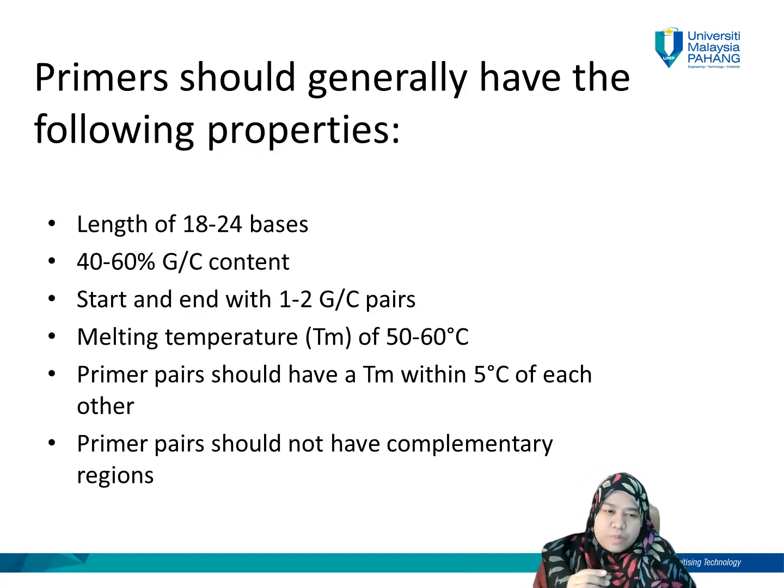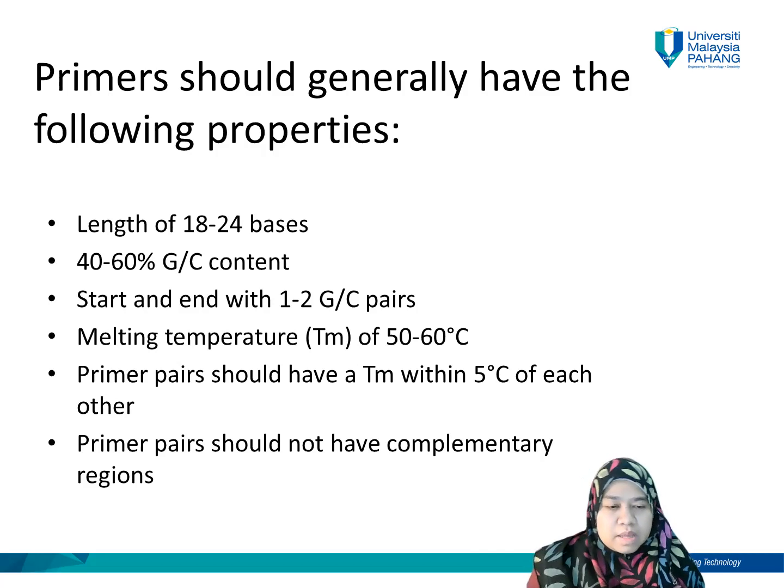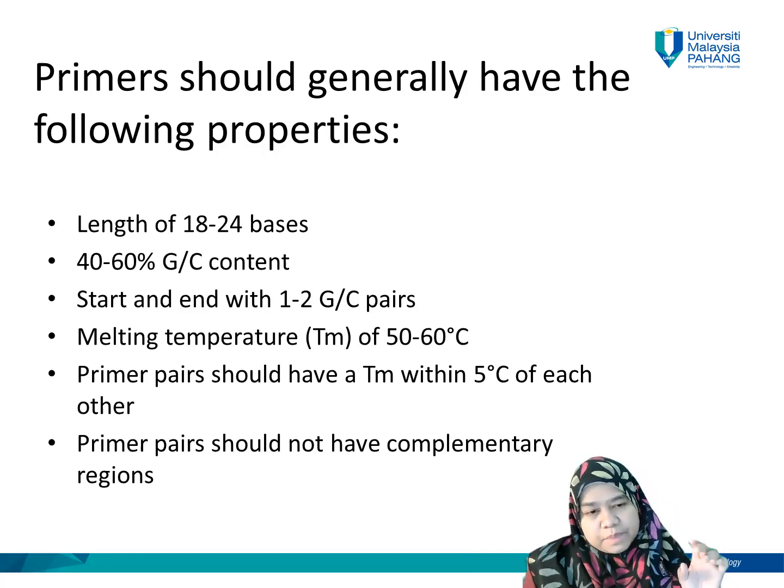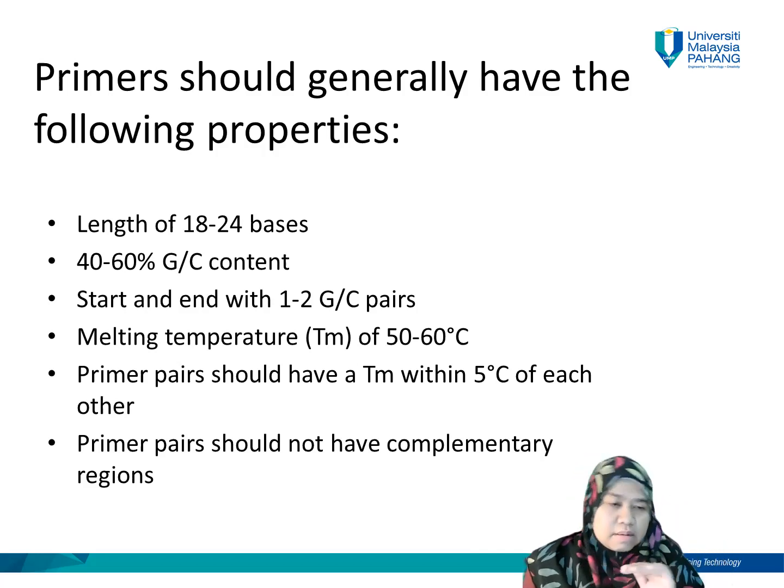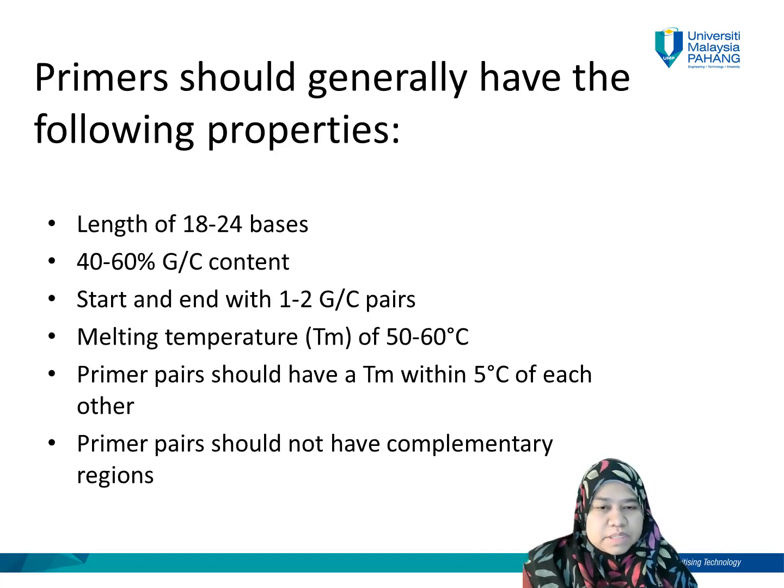Remember, when we do the primer design, we do the calculation of how many G and C nucleotides are in the primer. The total number of G and C divided by the total nucleotides in the primer, and then you multiply by 100%, so you can get 40 to 60%.